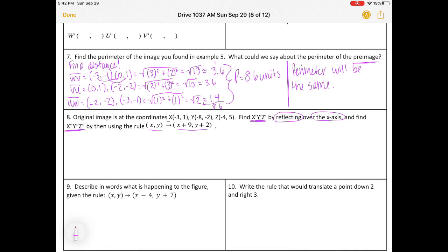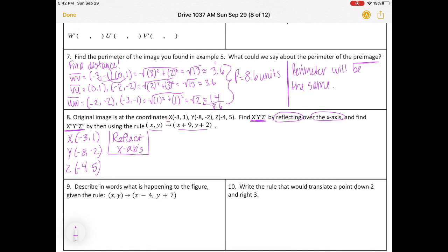And I have my original coordinates here, so I'm going to write those out: -3, 1, -8, -2, -4, 5. Okay, so I'm reflecting it first. And that's x-axis.